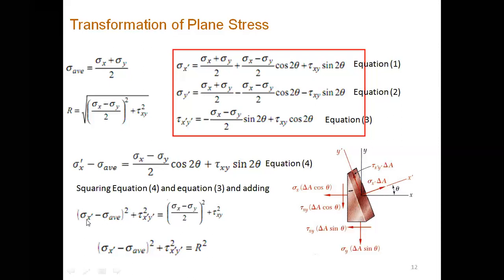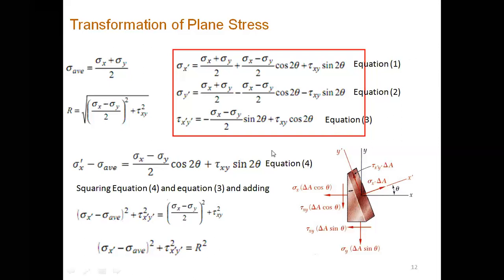We would get sigma x prime minus sigma average whole square plus tau x prime y prime whole square is equal to sigma x minus sigma y by 2 whole square plus tau xy square. And the remaining terms would cancel out because one would be plus and one would be minus.